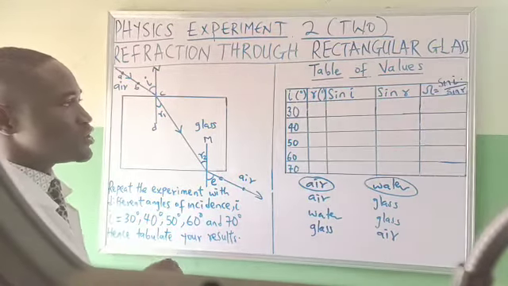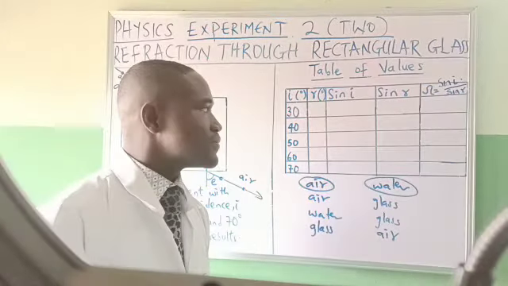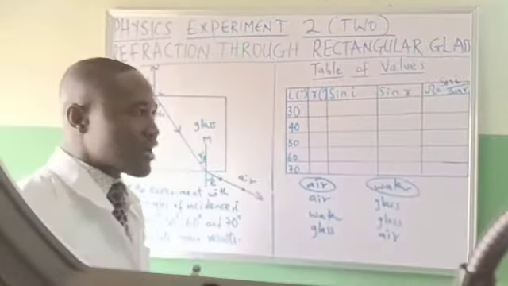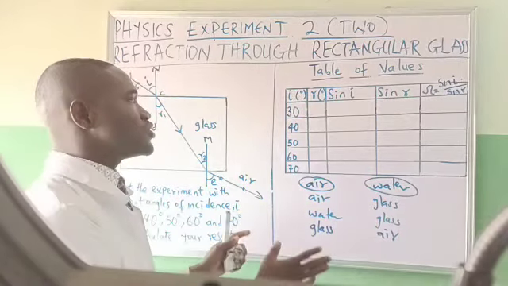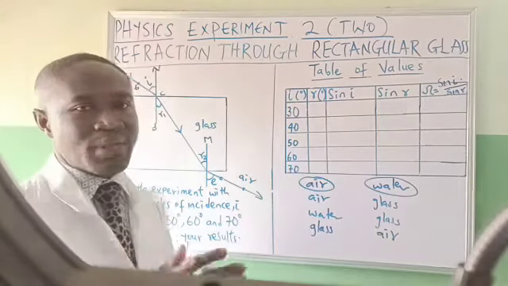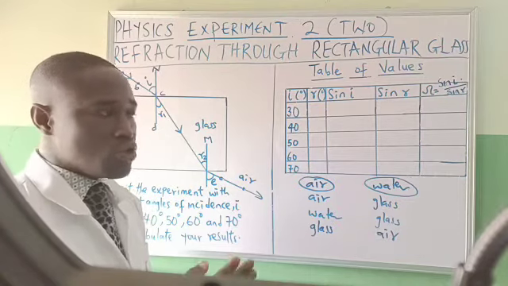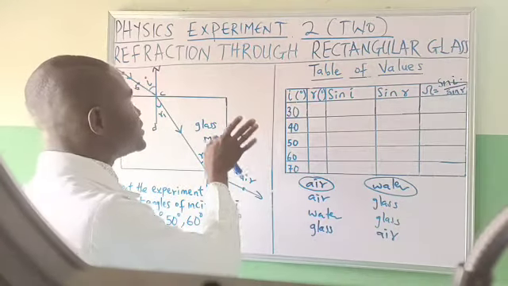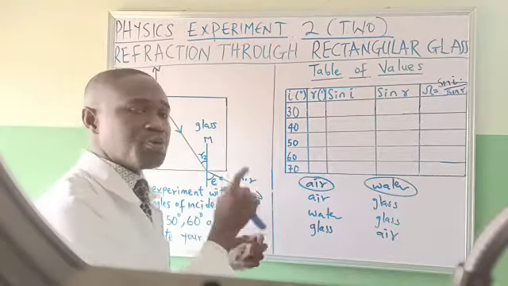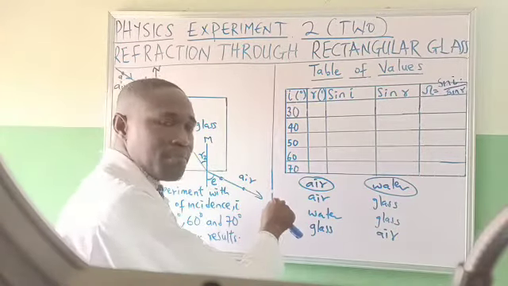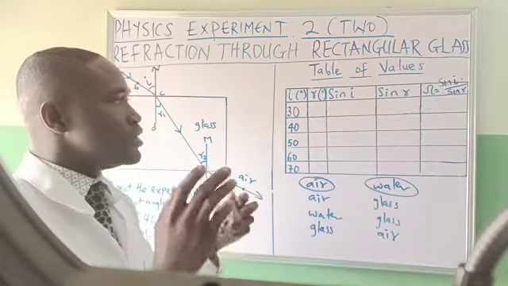Now, the essence of this video is for us to see how to get the readings that you will use to plot your graph without touching apparatus. Maybe you are asked to perform this experiment in the midnight, or where there is darkness, no light. This experiment deals with light, remember, there must be movement of light ray from one medium to another, so there will be need for light.